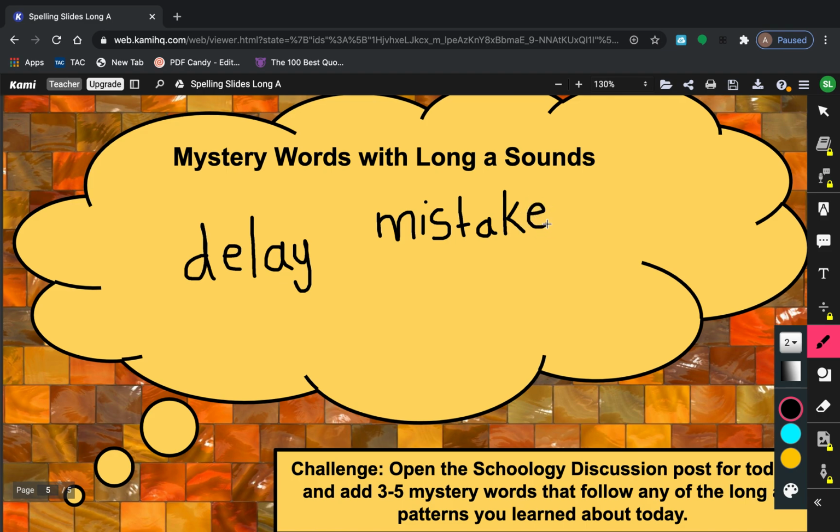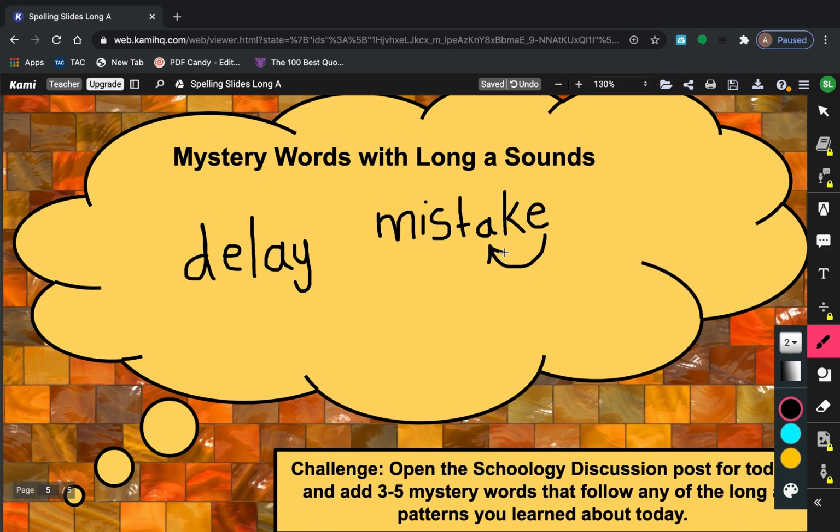So, mistake follows the A consonant E rule because you have the A here, the K is the consonant, and then the silent E at the end. The silent E is what causes that A to make the long sound.